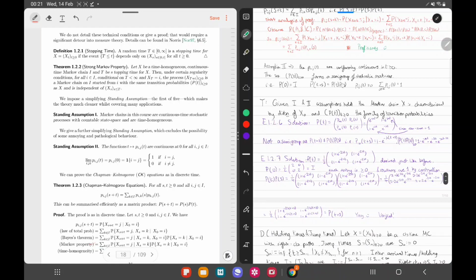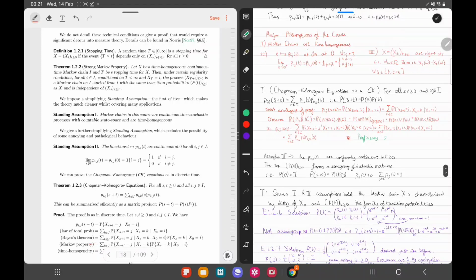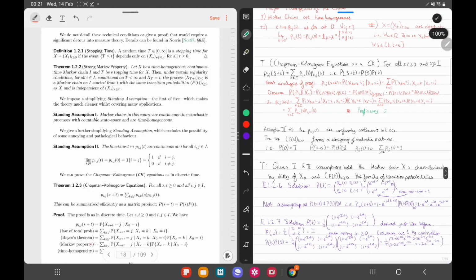Standing assumption 2 was that you get uniform continuity, and it just says all of these P of t's form a semigroup of stochastic matrices. So P of 0 is supposed to be equal to I, because what it is basically saying is the diagonal is supposed to be 1s and 0s everywhere else.